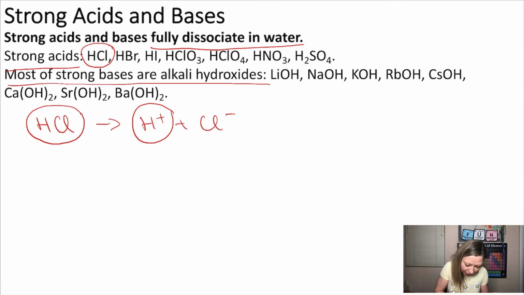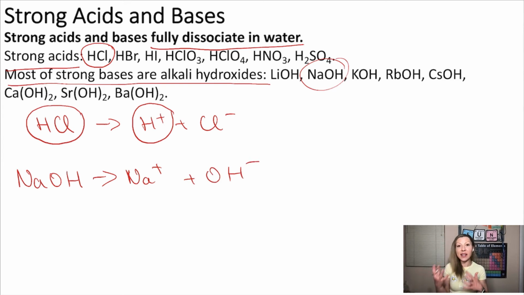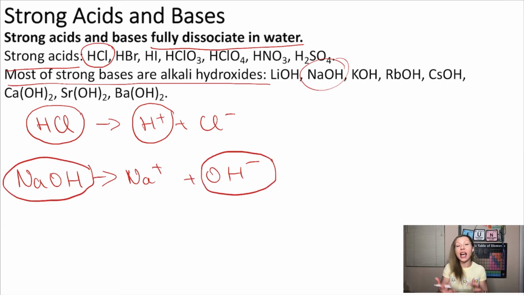Similarly, if you have, for example, NaOH, it's going to form Na+ and OH- aqueous ions. So here, again, the concentration of sodium hydroxide will give us the concentration of the hydroxide ions in the solution.